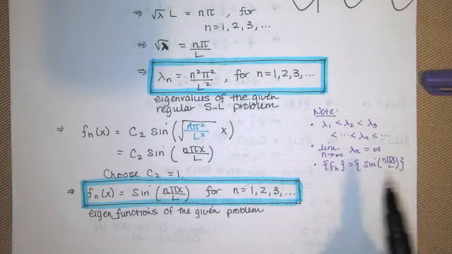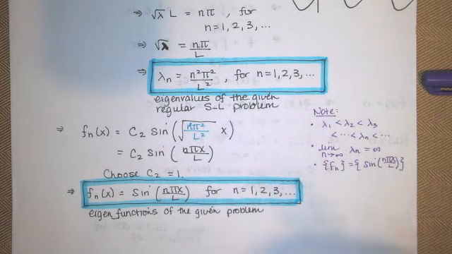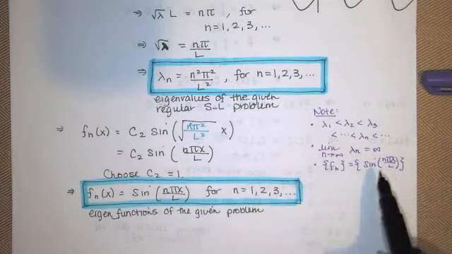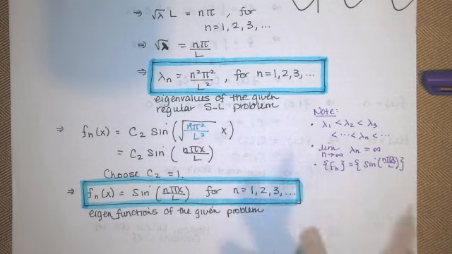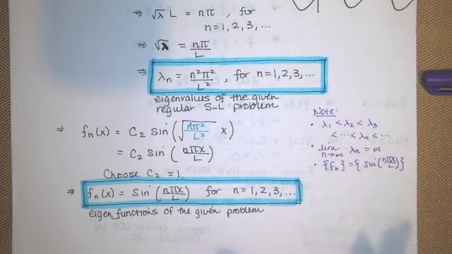That means on the interval from 0 to L, if I integrate sine of n pi x over L times sine of m pi x over L, where n and m are different, so I just take two functions from this list, I'm going to get 0. And that's actually a result that we looked at when we studied Fourier series in a different series of videos.